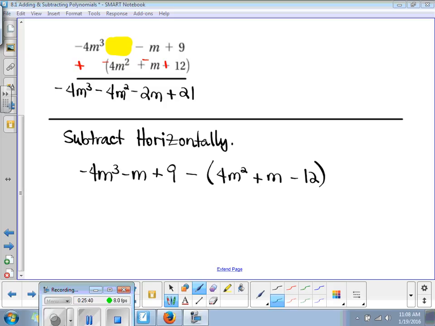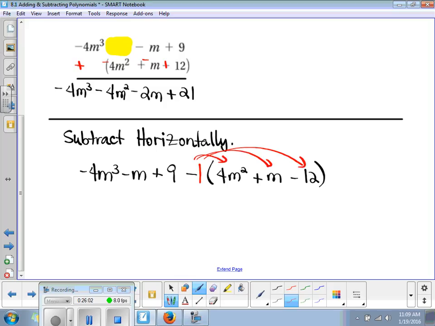All right, so subtracting horizontally. Now, like I said, when you subtract another polynomial here, it's the same as distributing a negative 1 throughout the parentheses. So we will distribute that negative 1 throughout the parentheses.